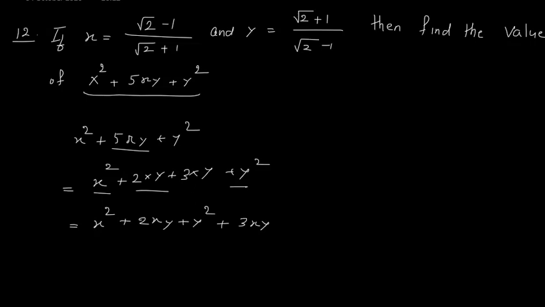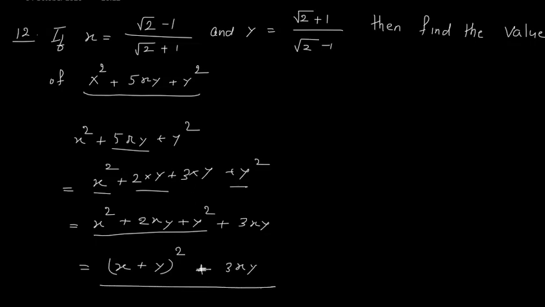These three terms are the square of x plus y, that is, x plus y the whole square is x square plus 2xy plus y square. So this is x plus y the whole square plus 3xy.